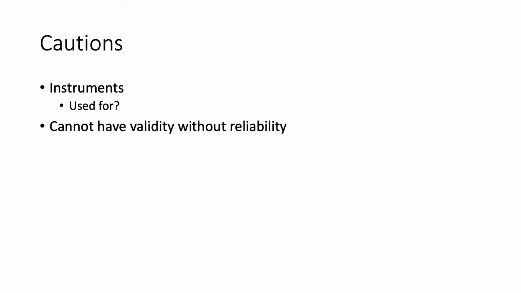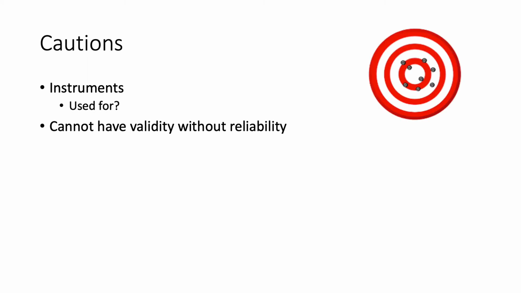Now, you cannot have a valid result without some reliability. So think back to the target. If the arrows were all over the place and it was inconsistent, there's no way I'm hitting the goal and it's going to tell me anything useful. So it wouldn't be valid either. But just because something is reliable doesn't mean it's valid.